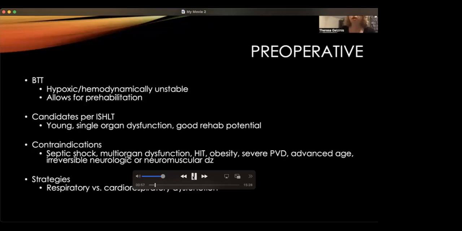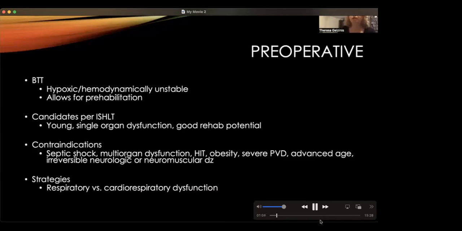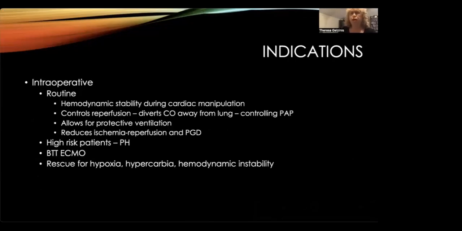Contraindications include septic shock, multi-organ system dysfunction, heparin-induced thrombocytopenia, obesity, severe peripheral vascular disease, advanced age, and irreversible neurologic and neuromuscular disease. Strategies depend on the etiology of the dysfunction, on whether it's primarily respiratory or cardiorespiratory.